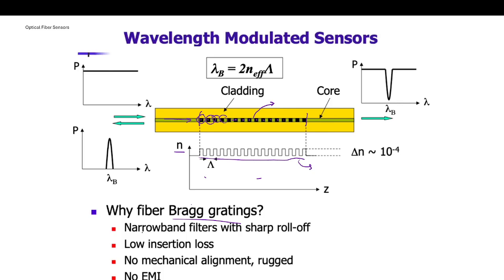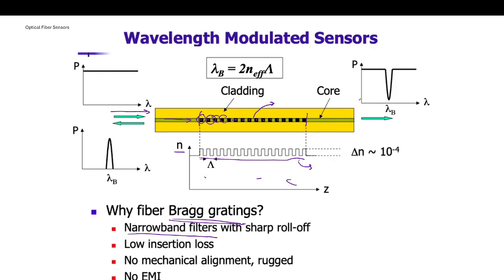Once the input light is given, it's propagating through the core, and it will act as a Bragg grating because of the refractive index change, because of phonon generation.